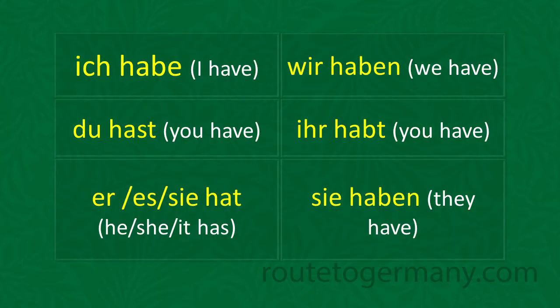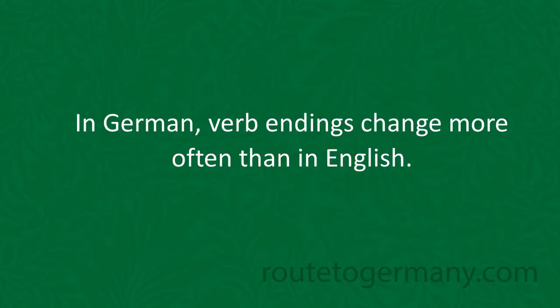However, German verbs are inflected. That means the ending of the verb changes according to the personal pronouns and their singular or plural forms. We have already learned the conjugation of verb haben in the last lesson. Other verbs in German are also conjugated in almost similar fashion with minor differences. In German, verb endings change more often than in English.